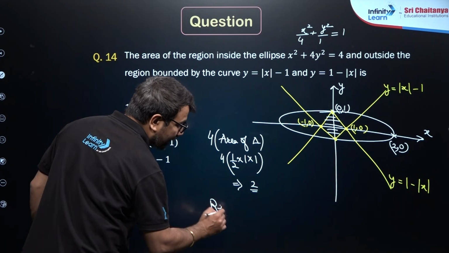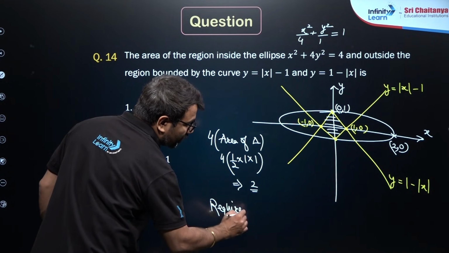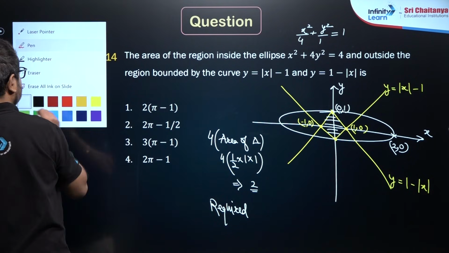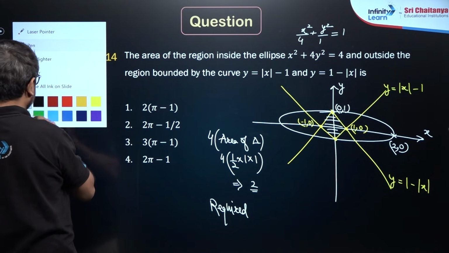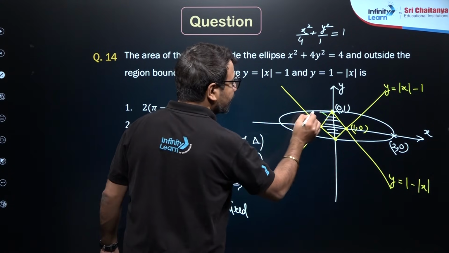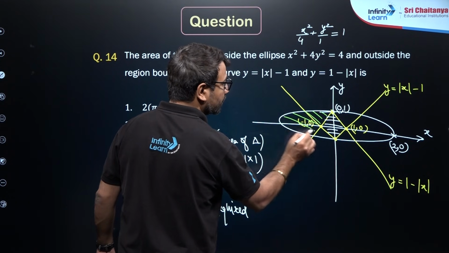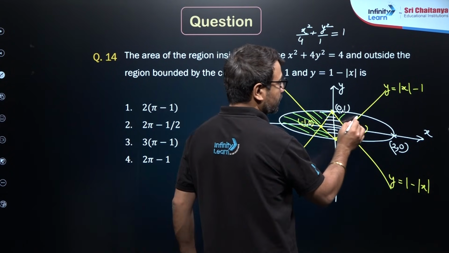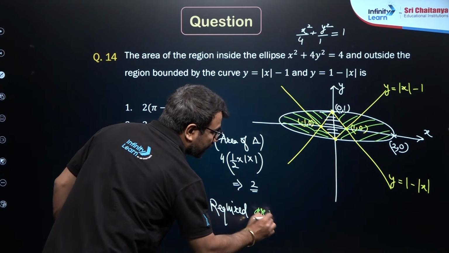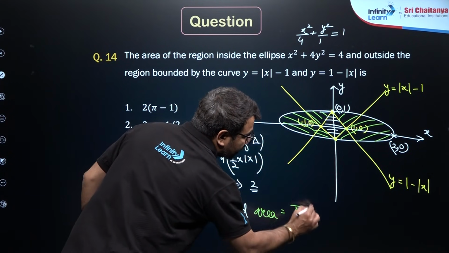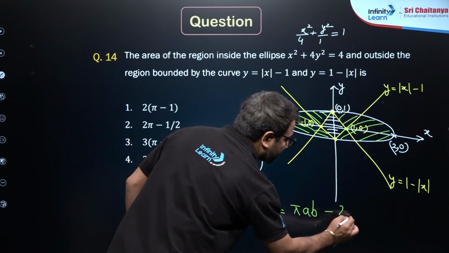So the required area is the outer one. Required area is this one basically. I would shade it with a green color, let's say. So the required area is the outer one. This. So the required area will be written as pi into a into b minus 2.